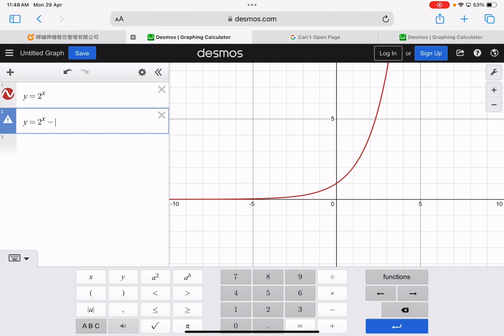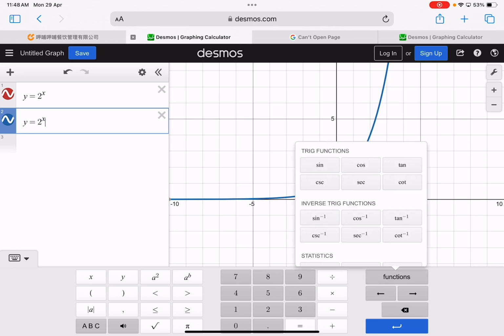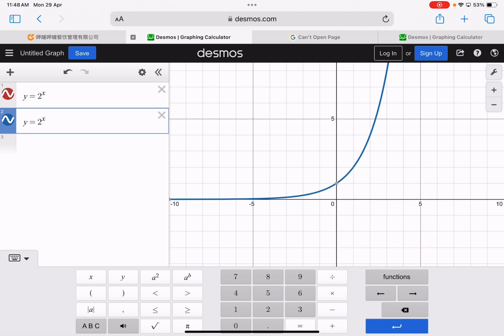Raised to the power, not x minus 1, raised to the power of x minus 1. But it doesn't allow me to do that. Let me see. Does it work if I bracket it? Let me try.